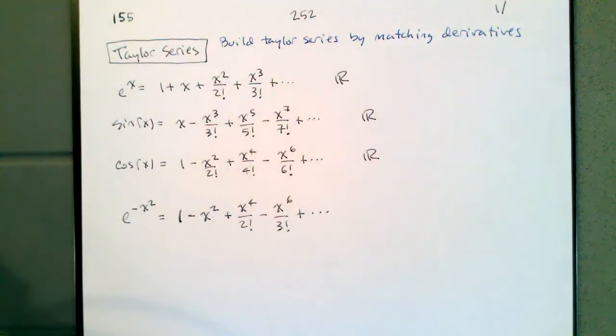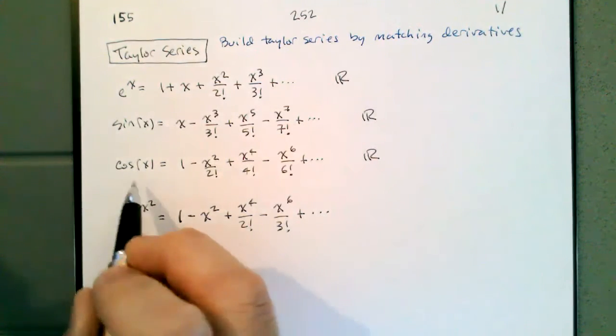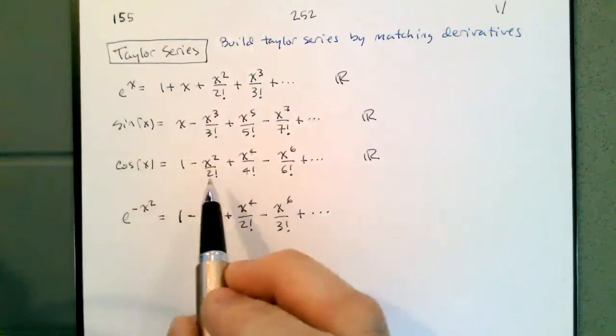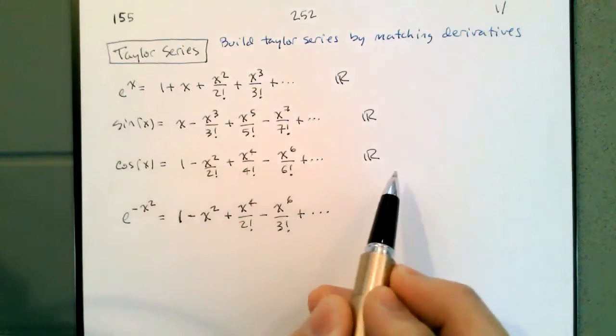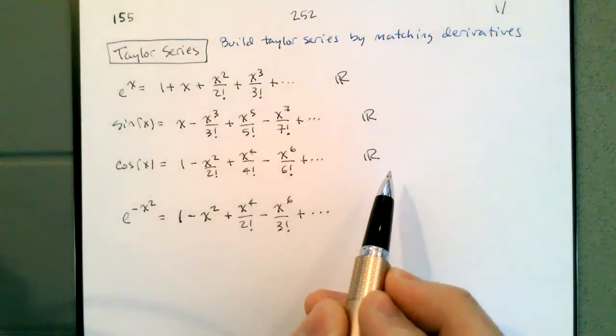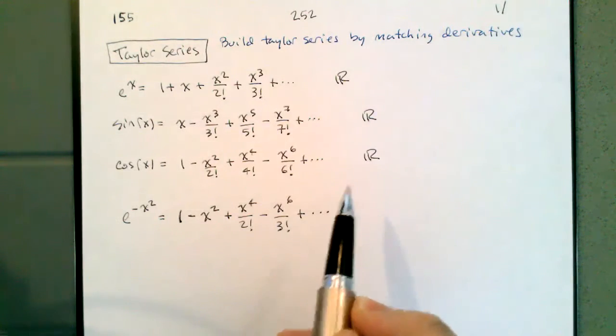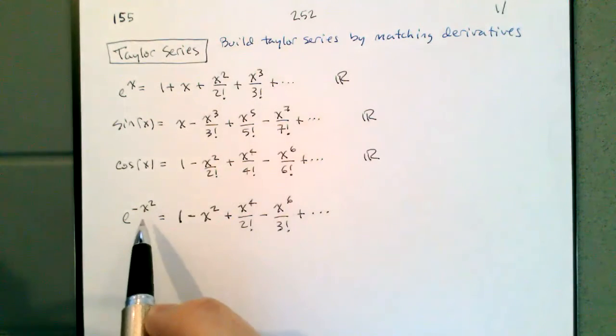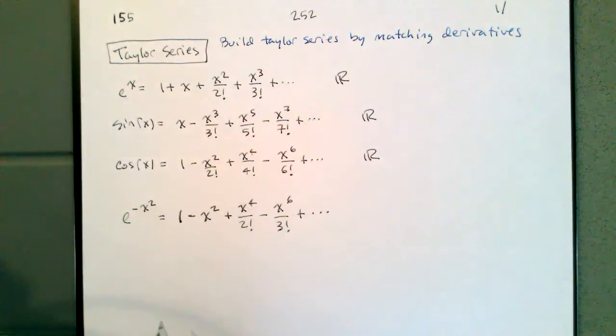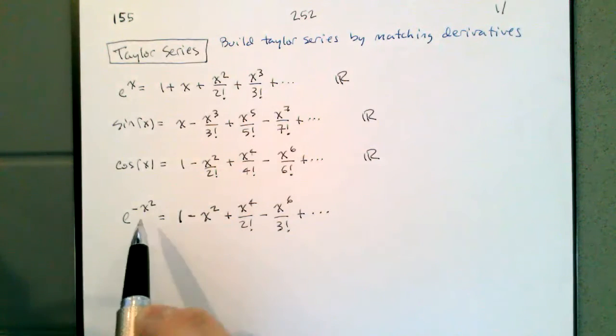So this is an important thing to realize, that if we plug something into a function, we can just plug that thing into the Taylor series for that function. We can just make that composition. This is even better news, not just for finding the Taylor series of these functions without finding all the derivatives, but if you recall, e to the minus x squared is a function that we did not have an antiderivative for.